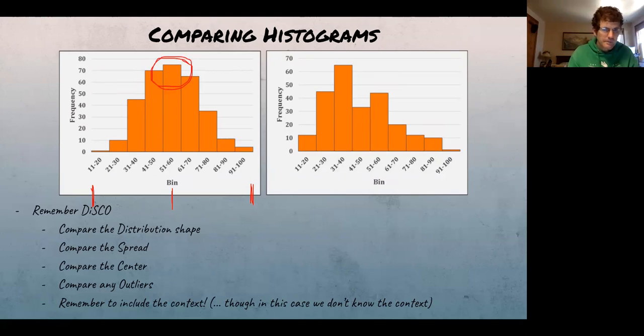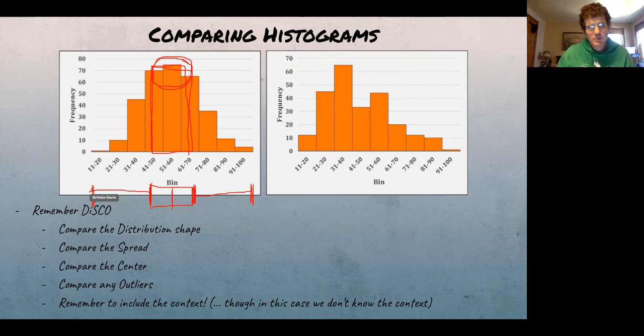So if I was to guess, I might put a line about right here and a line about right here, and that area would be about 50%. Again, just guesswork. So now that is what a normal distribution, a symmetric unimodal distribution, would look like with a box plot.